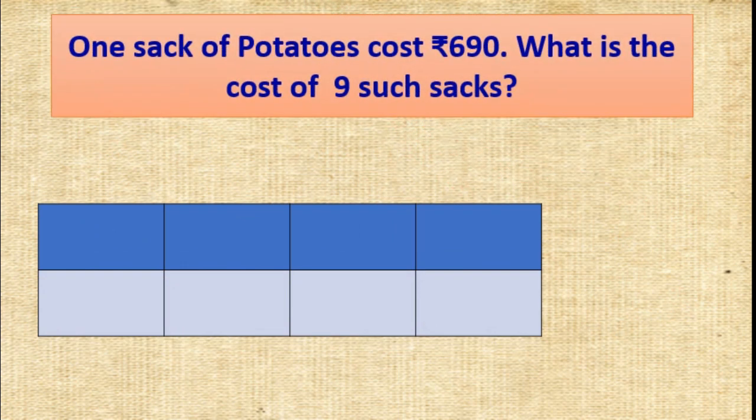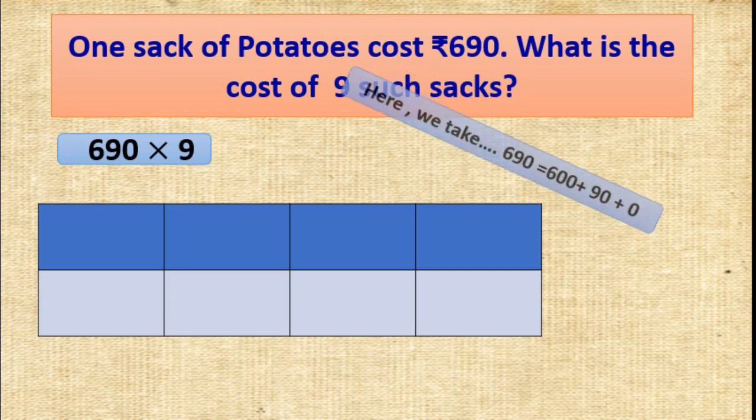Here, one sack of potatoes cost rupees 690. What is the cost of 9 such sacks? Okay. Now here also we are going to carry out the multiplication of 690 by 9. Isn't it? Okay. And now we will write 690 in the expanded form.